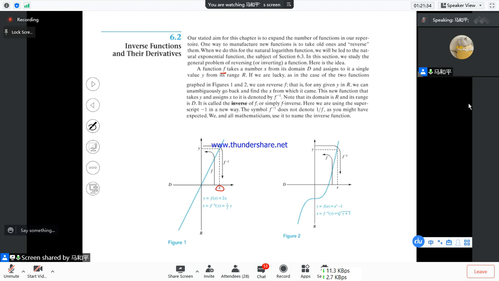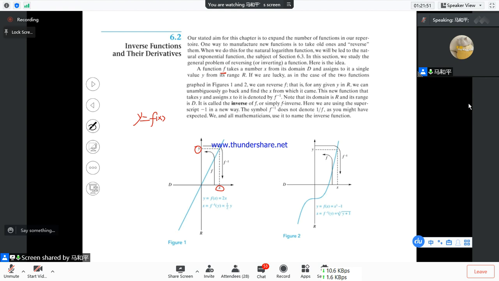We can regard f like a machine. We input x and output y.